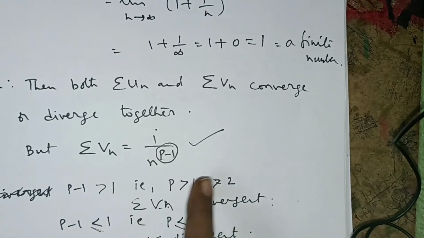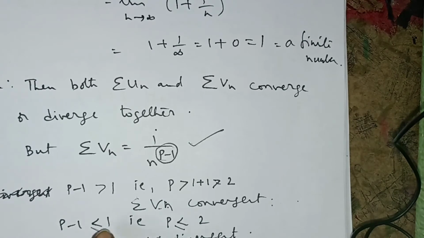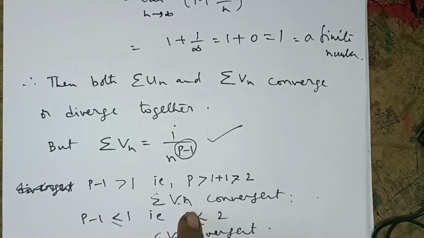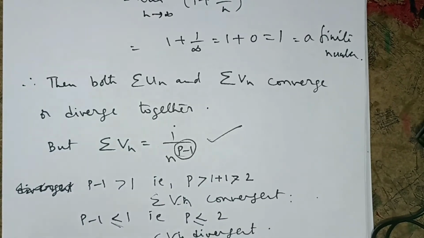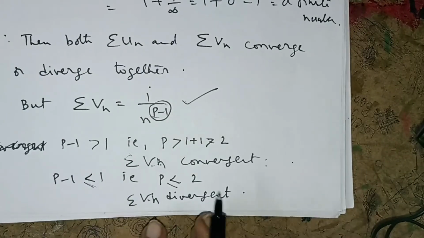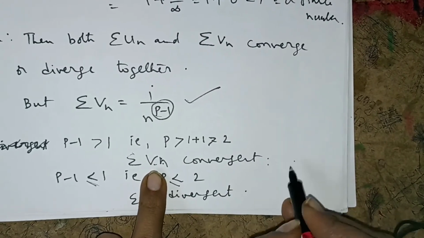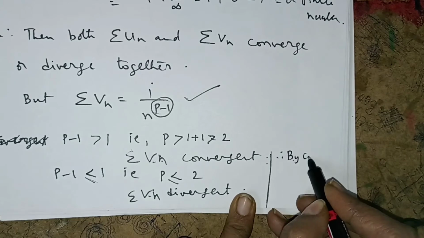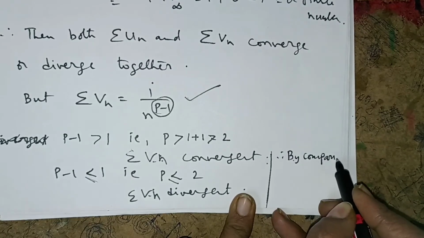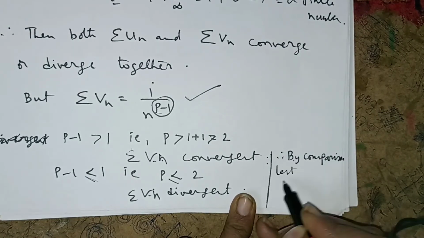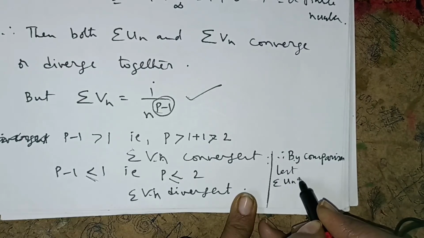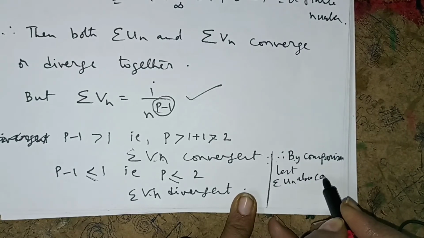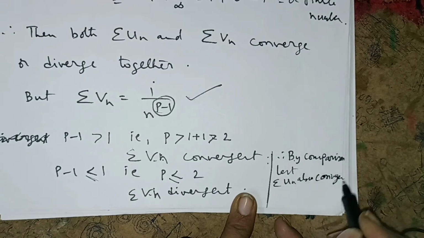If sigma vn is convergent, then by the comparison test, sigma un is also convergent if p is greater than 2, and sigma un is also divergent if p is less than or equal to 2.